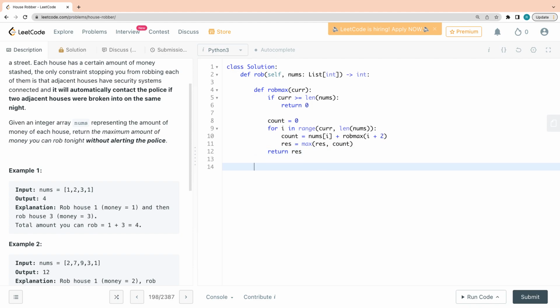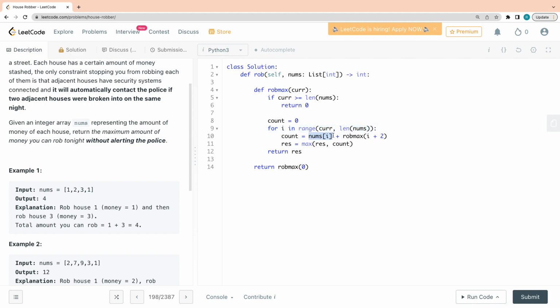And simply we have to call this function, rob max, and from where I'm going to start it. So let's say I'm starting from house 0. From house 0, this is my current position, and from my current position I have this many choices.